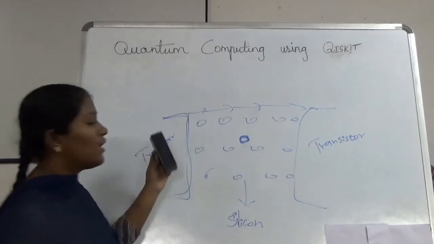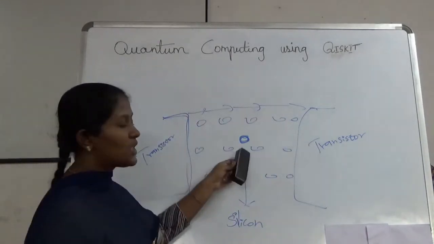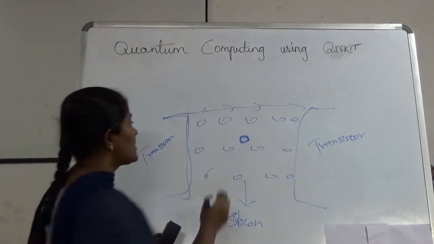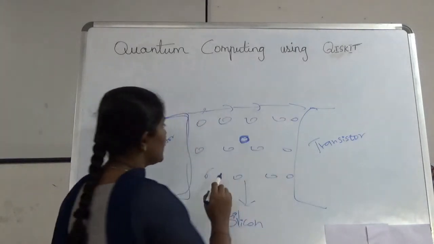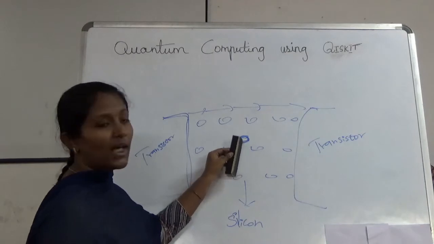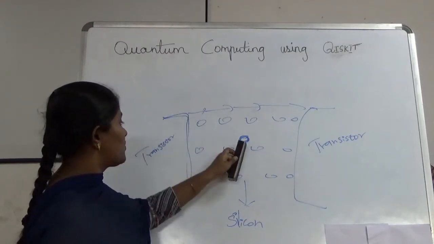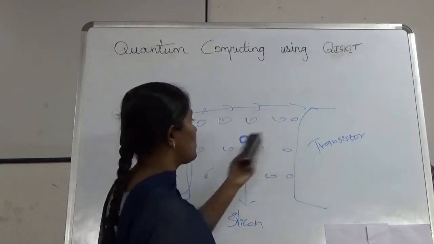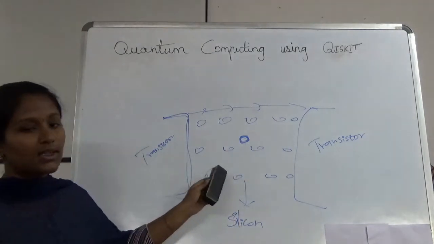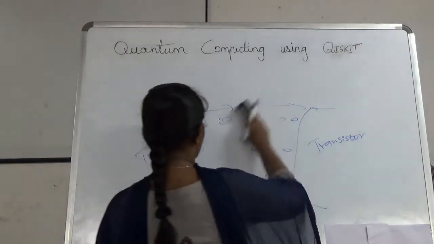Using this we determine whether the electron is in the up state or down state. That is, if the electron flows, we determine that the phosphorus atom's electron is in the spin up state. If no current passes, we determine that it is in the spin down state.